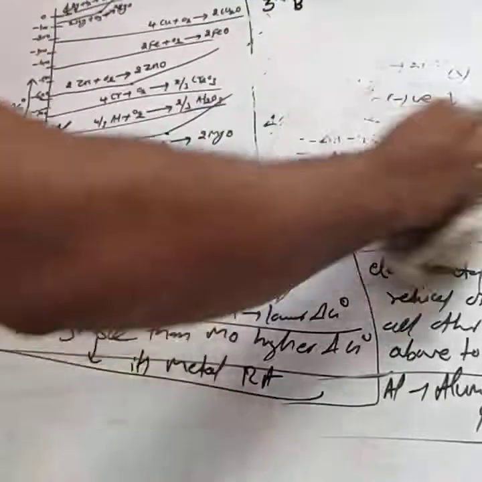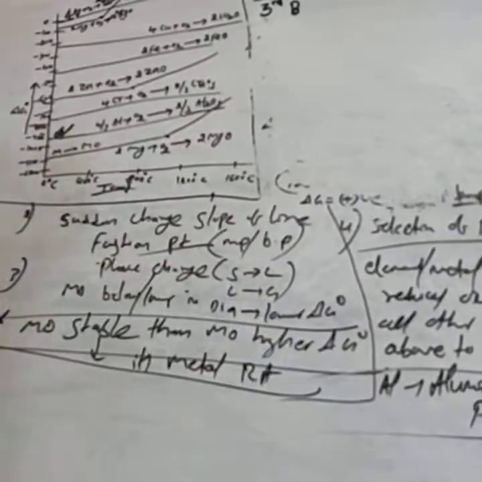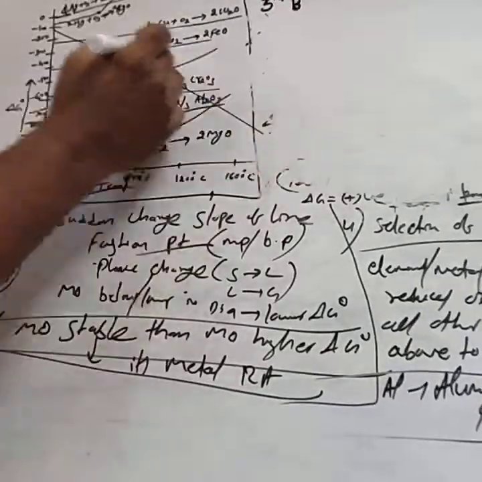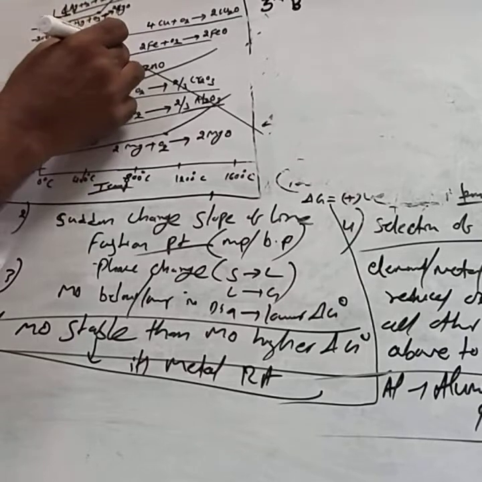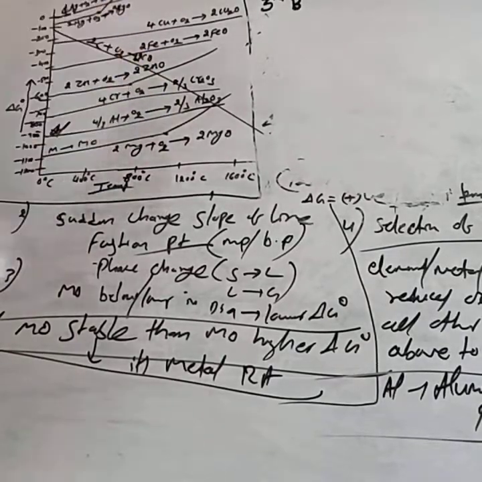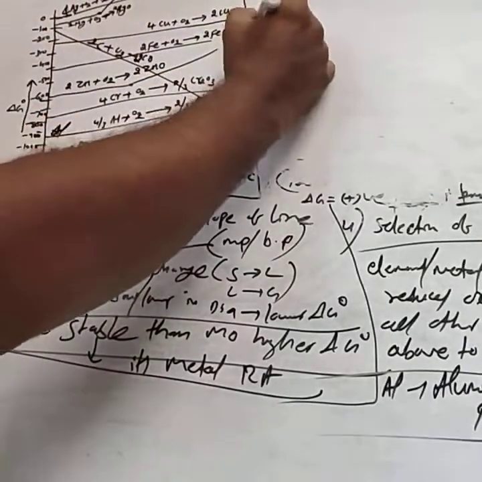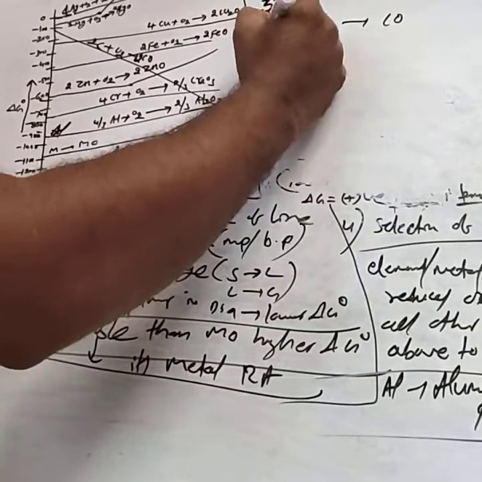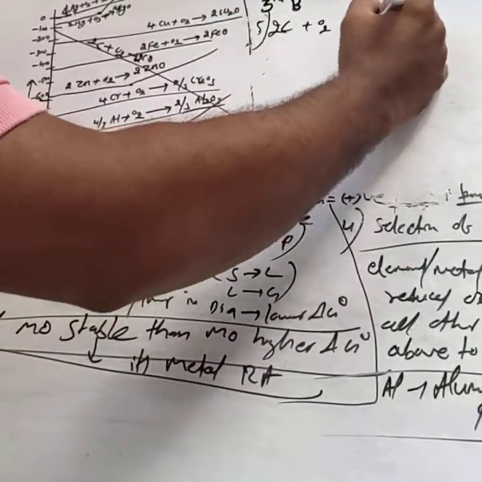One more characteristic: consider, for example, carbon C. C plus O2 converted into CO, that is 2C plus O2 gives 2CO.